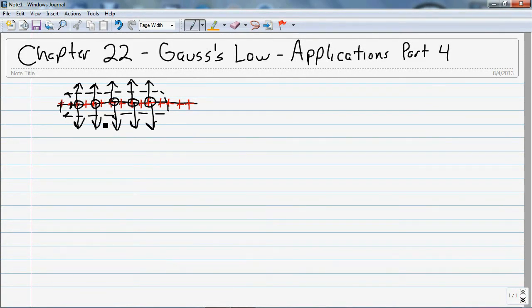Okay, so now I have my cylinder. Well, I have some value lambda, which is equal to the charge divided by the length. So I'm going to make some length here for my Gaussian shell.